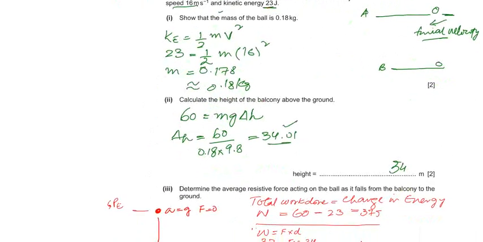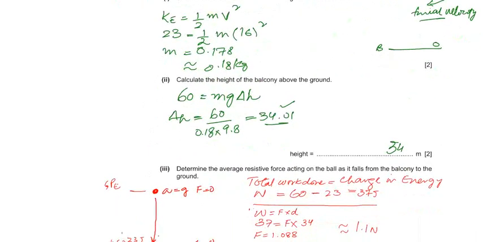So before it touches the ground, the potential energy is 60 joules. So at the height it is 60. So 60 equals mg delta h, where delta h is the change in height that you need to calculate. So delta h equals 60 over 0.18 times 9.8, which is 34.01.